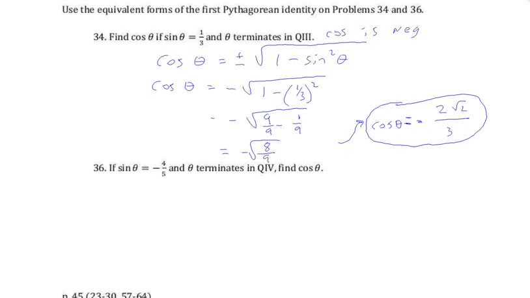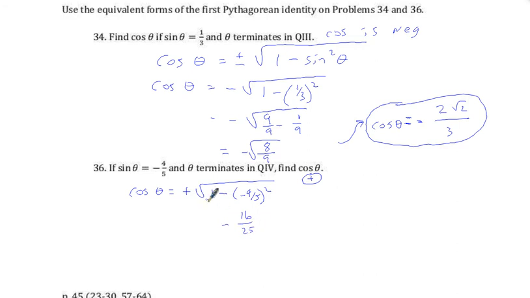In number 36, we're going to follow a similar process. Again, we're trying to find cosine, but this time in quadrant 4, where cosine is positive. So this time, cosine theta equals positive square root of 1 minus sine squared theta, or negative 4/5 squared. The negative that is being squared in these parentheses becomes positive, and 4 squared is 16, 5 squared is 25.